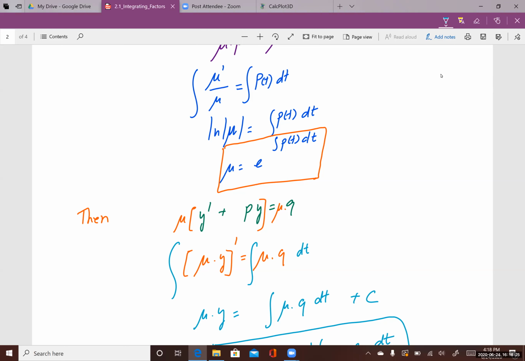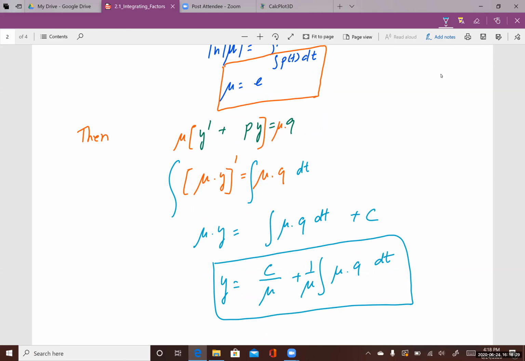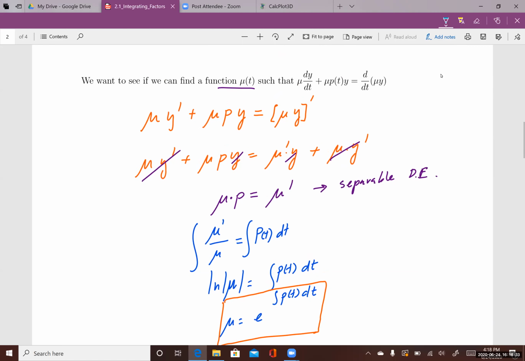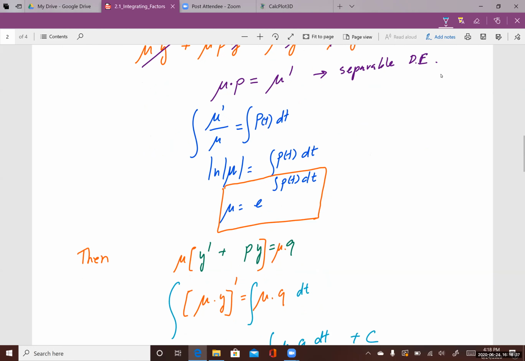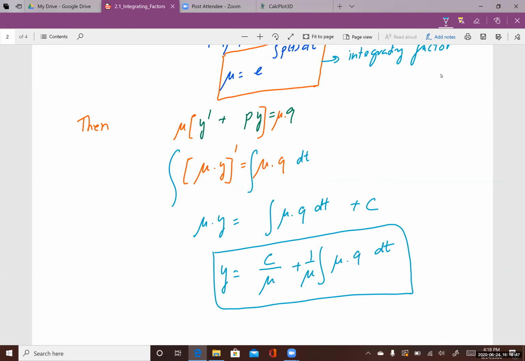The factor that I multiply to both sides, which is mu here, is called the integrating factor. Okay. And then look at the solution for y.